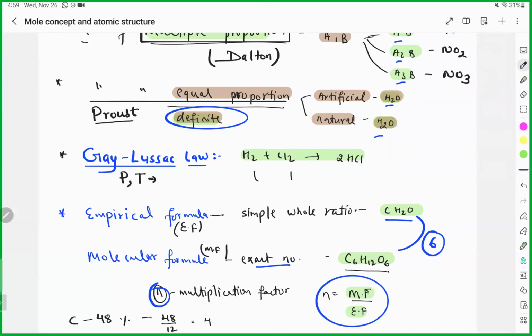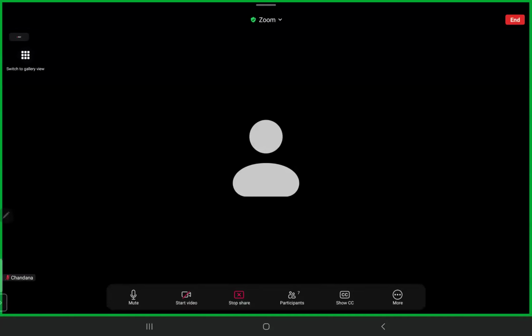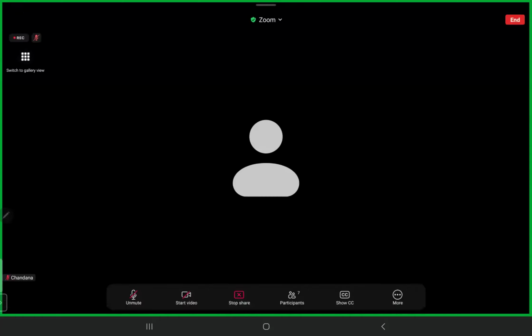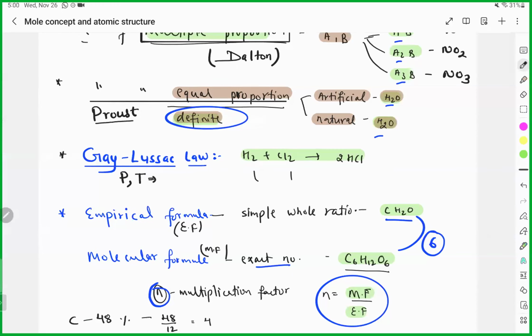See, there is Boyle's law, where pressure is inversely proportional to volume. Correct? Okay.